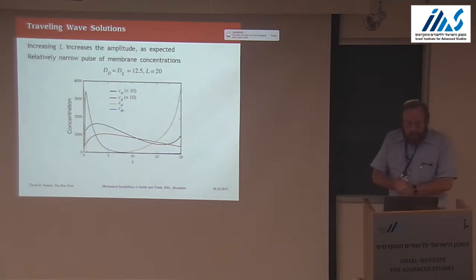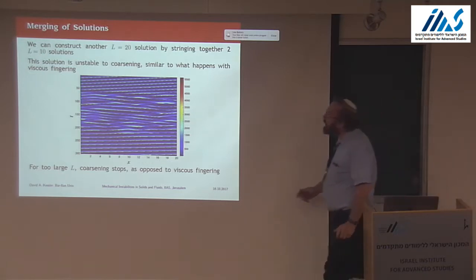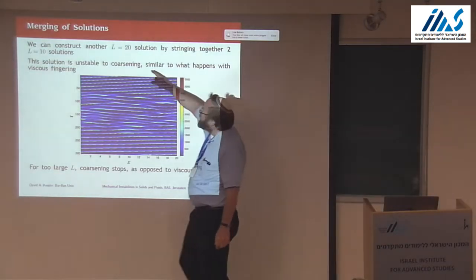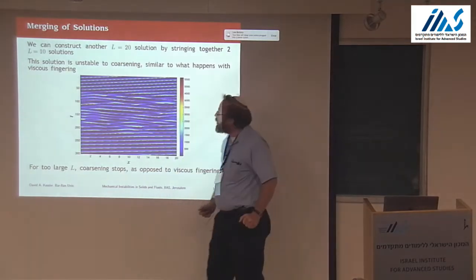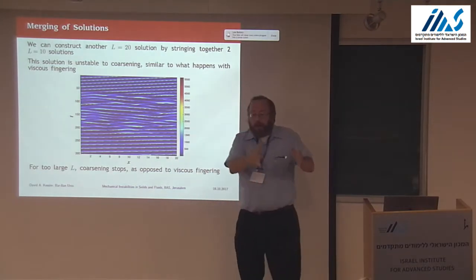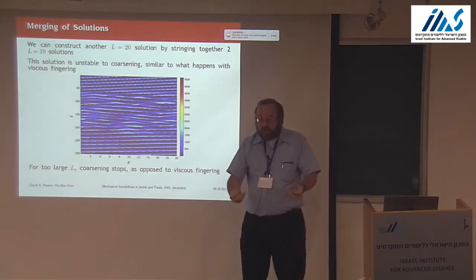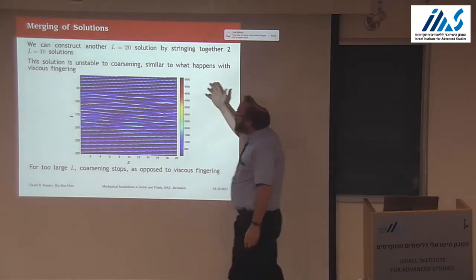Now, when you increase L, the amplitude increases. All is well and good. You get all other kinds of interesting things, because now you have multiple solutions. You can construct an L equals 20 solution, a solution in a box of L equals 20, either by looking directly for an L equals 20 solution, or you take two L equals 10 solutions and just tie them together. That's exactly a periodic thing with L equals 20.